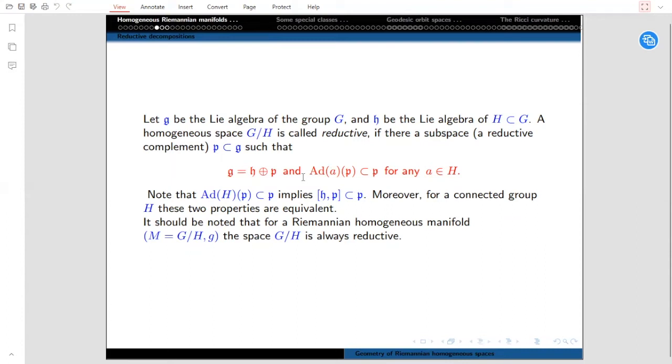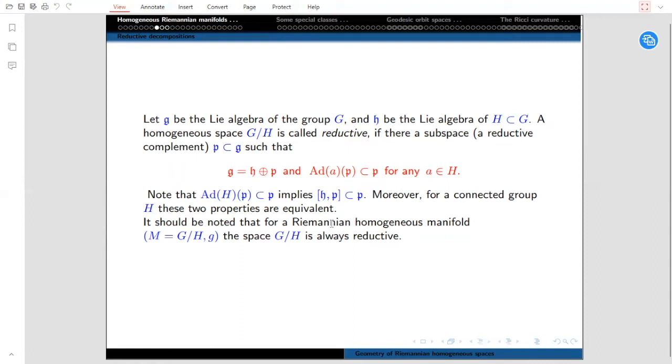It's not true in general, but in fact, it's true for Riemannian homogeneous spaces. Note that Ad(H)p is a subset of p implies that the bracket of the Lie algebras h and p is in p. It's a very simple corollary.